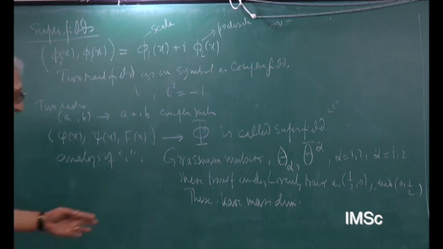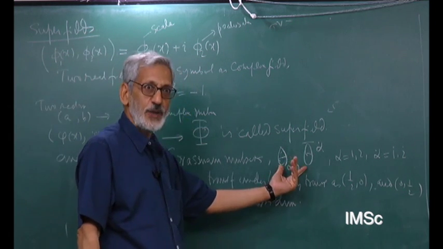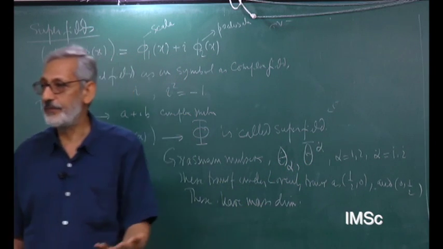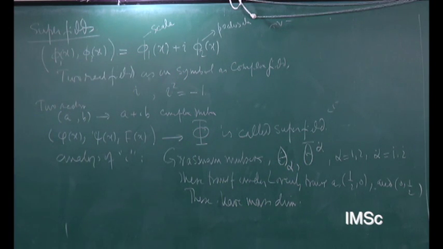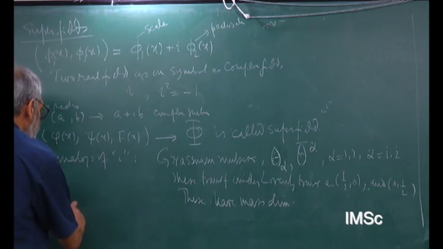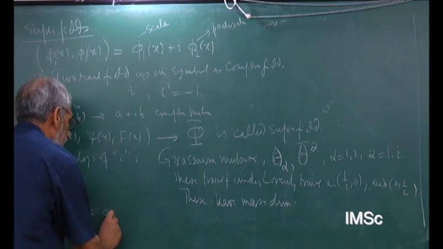Since they are spin half objects, and for spin half objects in field theory we impose anti-commuting properties, they have to anti-commute.